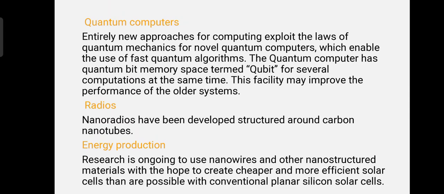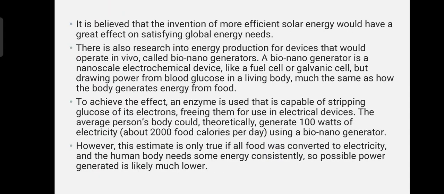Energy production: research is ongoing to use nanowires and other nanostructured materials, with the hope of creating cheaper and more efficient solar cells than are possible with conventional silicon solar panels. It is believed that the invention of more efficient solar energy would have a great effect on satisfying global energy needs.